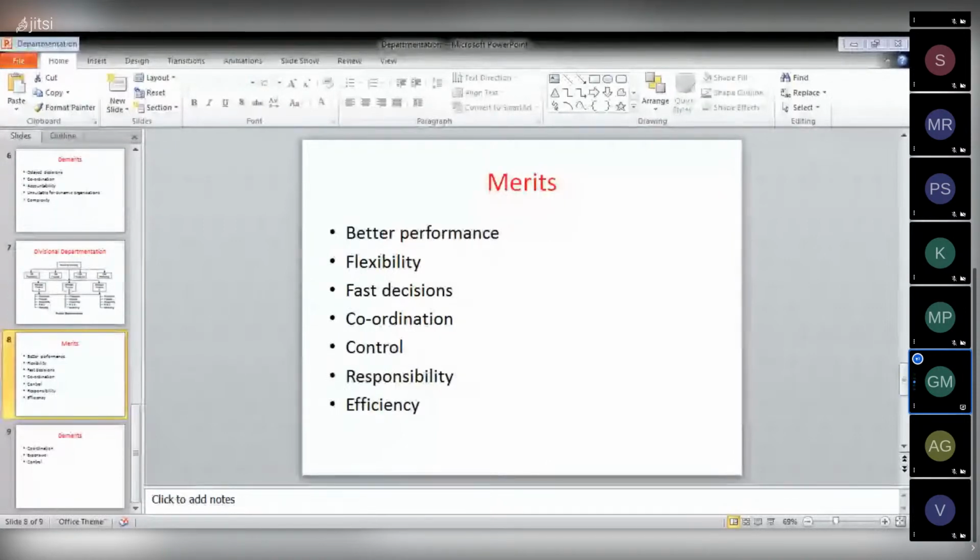If you observe, product A has R&D, product B has R&D, product C has R&D. The product A division will recruit people for R&D, and the product B division also recruits for R&D. So this divisional kind of departmentation is increasing the cost for the organization.